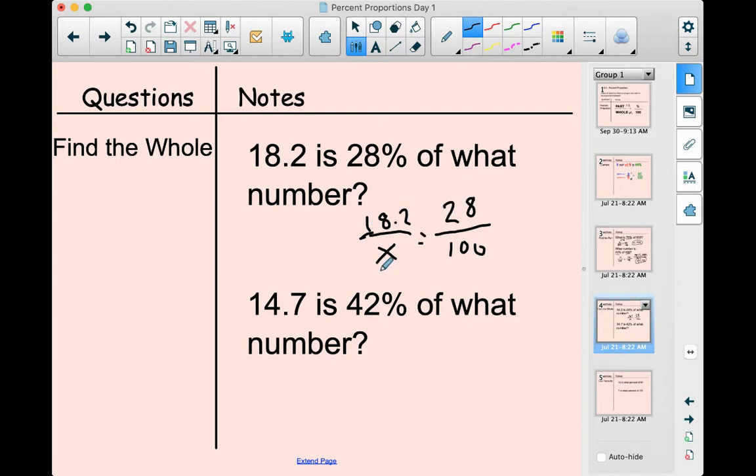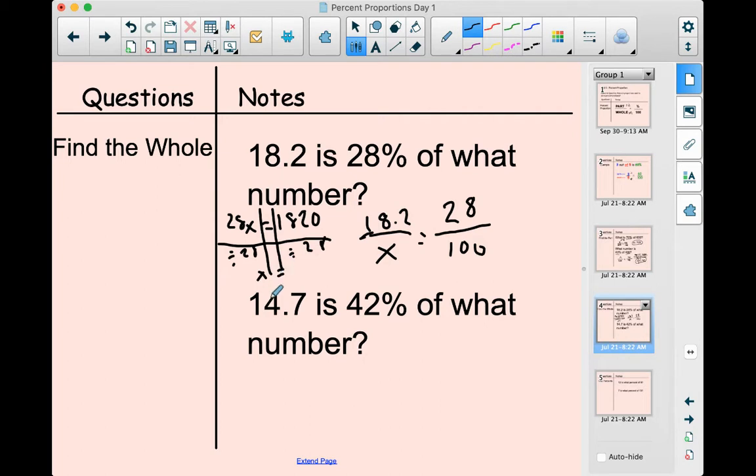To solve this one, I'm going to do my cross multiplying. So 28 times x is 28x. 18.2 times 100 is 1820. Do my equation solving like normal, and divide by 28 to get x by itself.